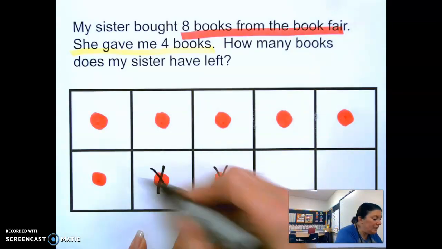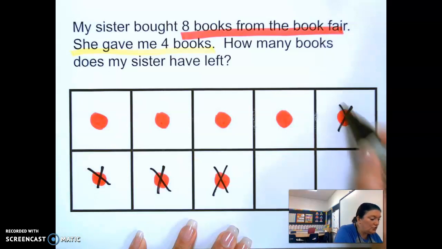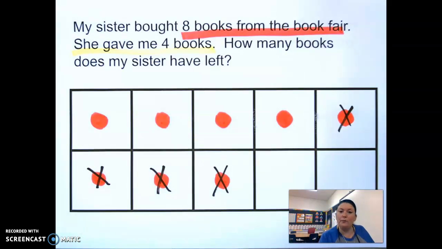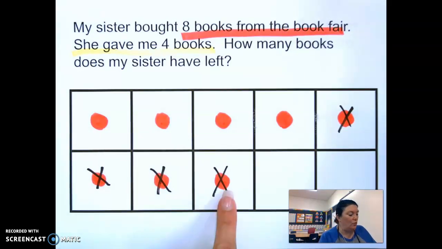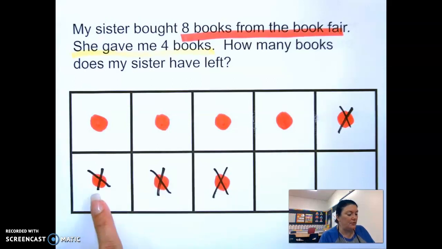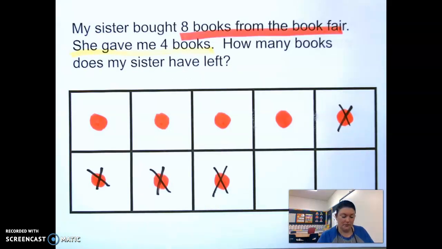She gave me 4. So I'm going to cross off the 4 books that she gave me. 1, 2, 3, 4. Is this not the same thing that we just did with our counters? Absolutely. So even if you don't have counters, as long as you have something to write with, you can still solve your problem.